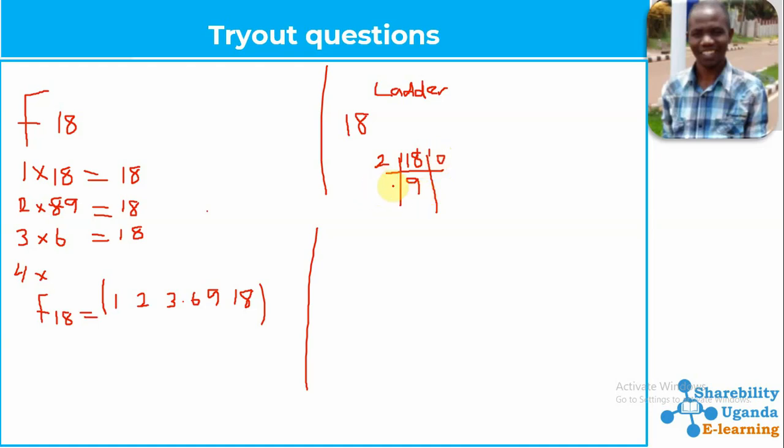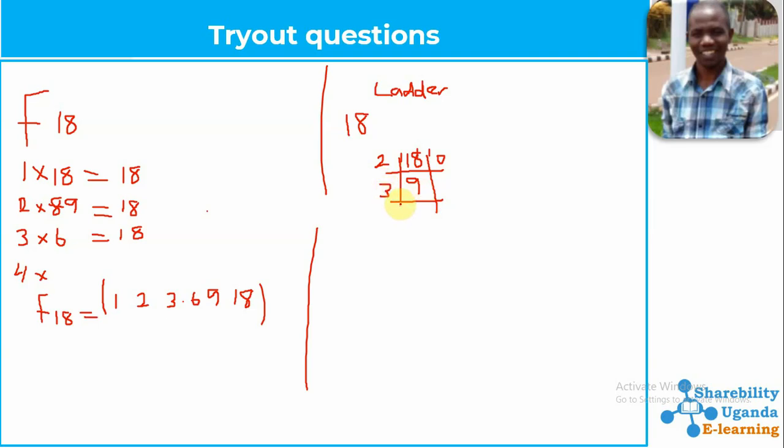Then we look out for the lowest number we can divide 9 by. I know someone was going to tell me 1. Yes, 1 is good, but it is the lowest, so you should look for the number which is slightly low, not the lowest. So here we shall just choose our 3.